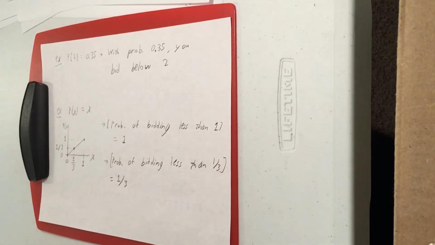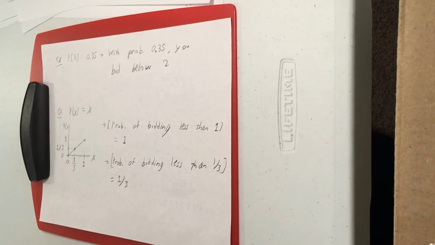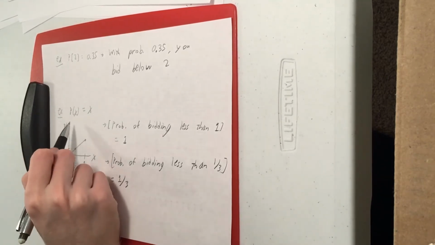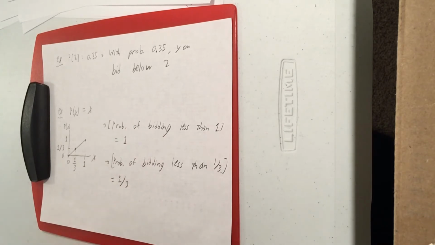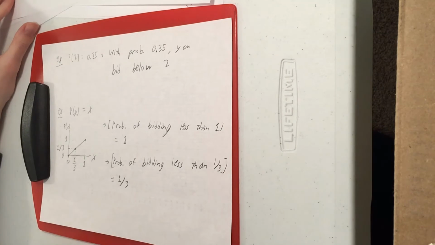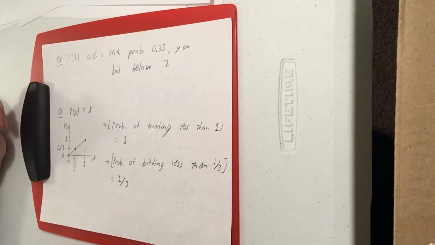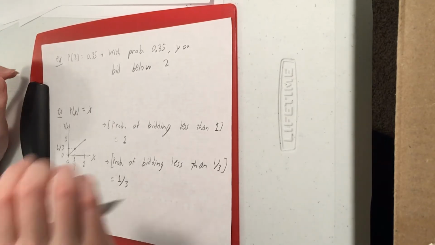So why is this a very basic example? It's to show you there's also a very closely related concept. We said this was the cumulative distribution function, often abbreviated as CDF. The related concept out there is the PDF, which is called the probability density function.